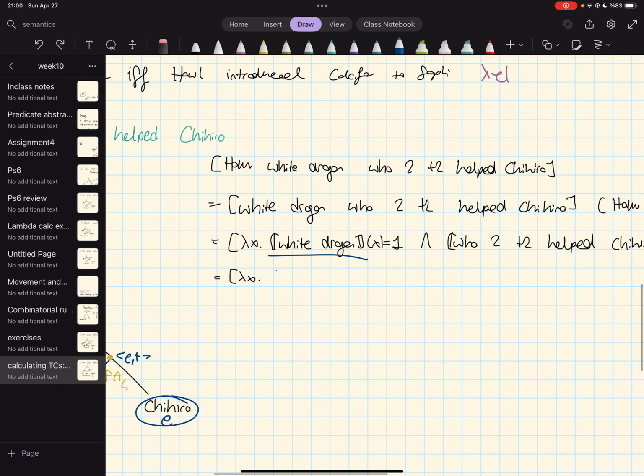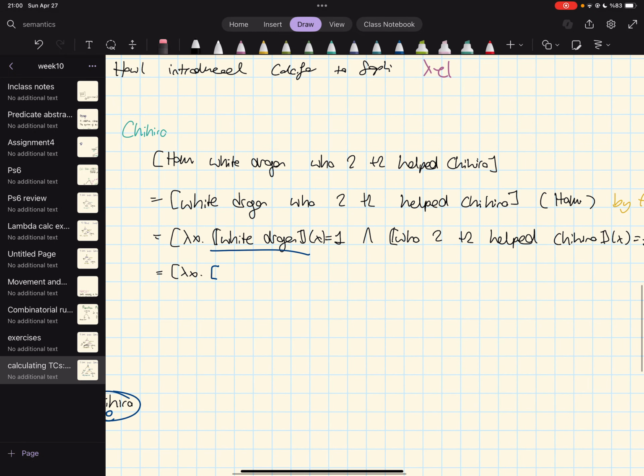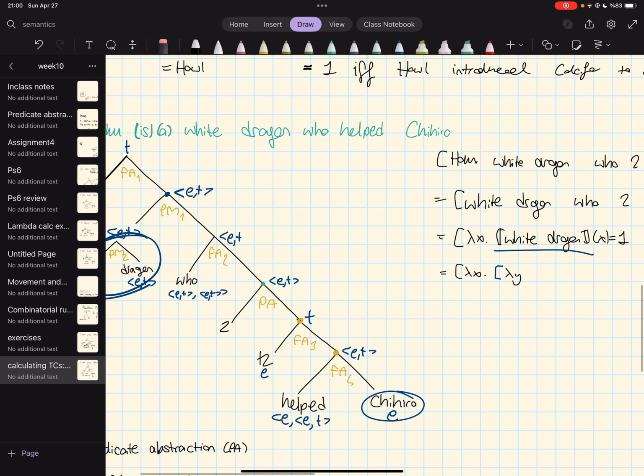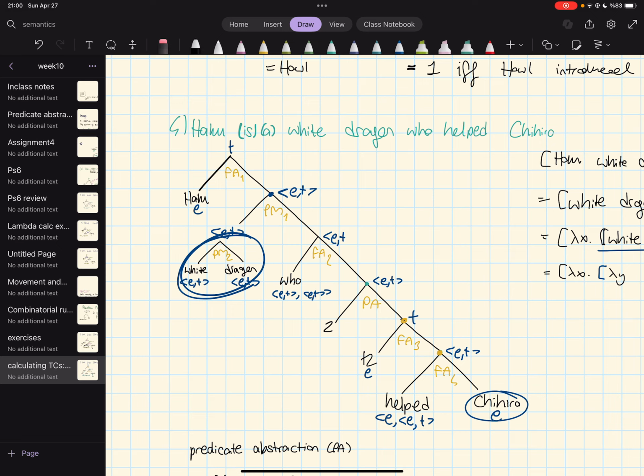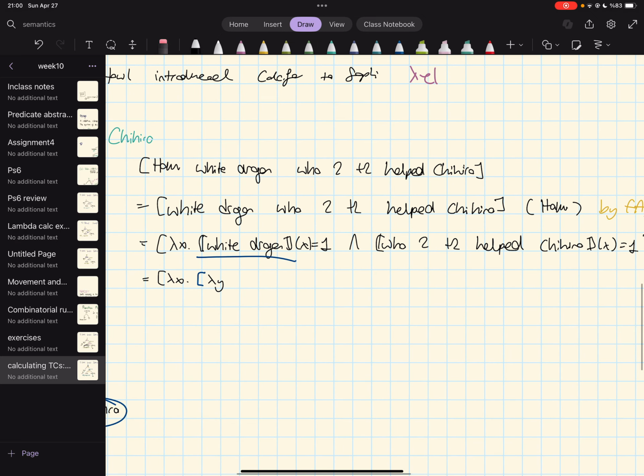So I open up new brackets and I'm going to use a new lambda, because predicate modification requires lambda y such that white y denotes 1 and dragon y also denotes 1. Close the brackets.